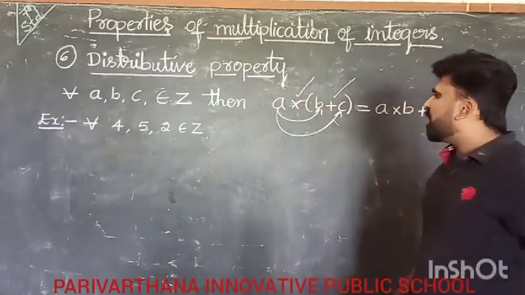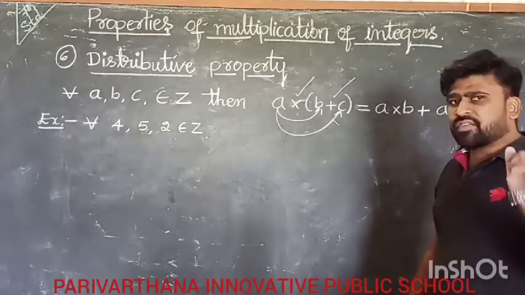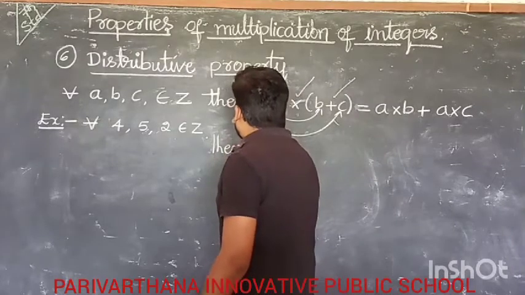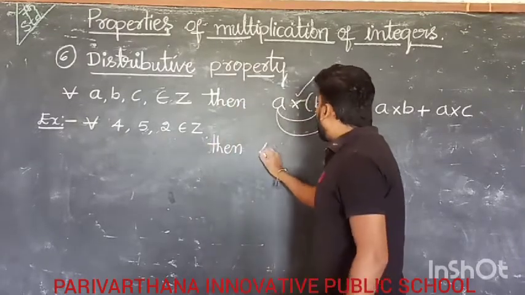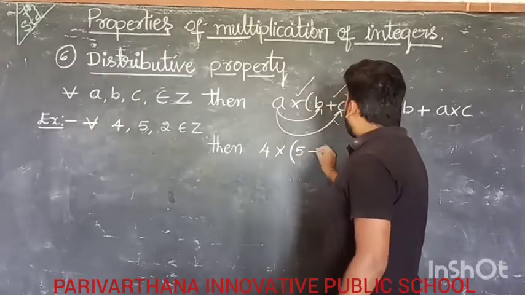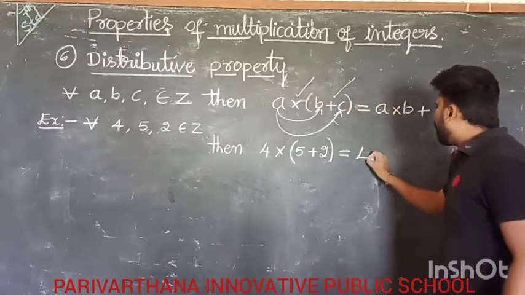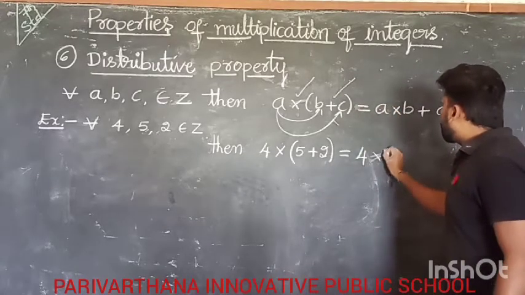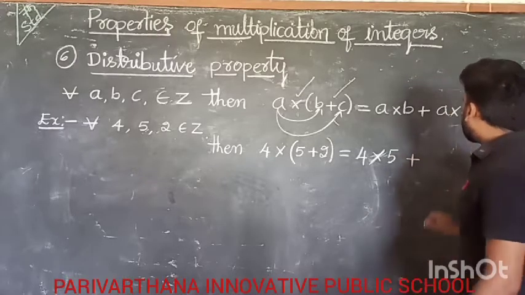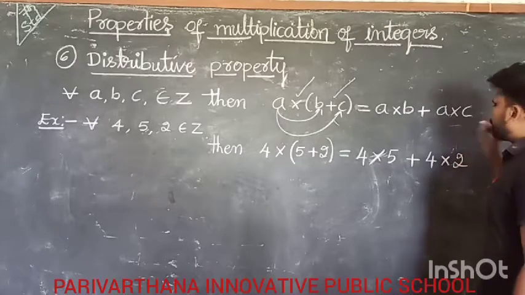We have taken 3 numbers. A is 4, B is 5 and C will be 2. Now apply the formula, that is A will be 4 into B will be 5 plus C will be 2 is equal to A is 4 into B is 5 plus A is 4 into C will be 2.